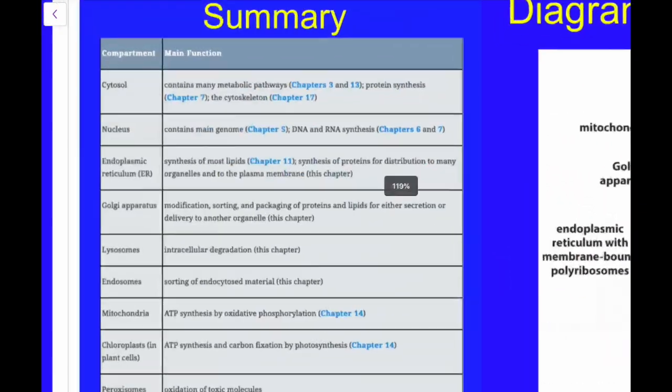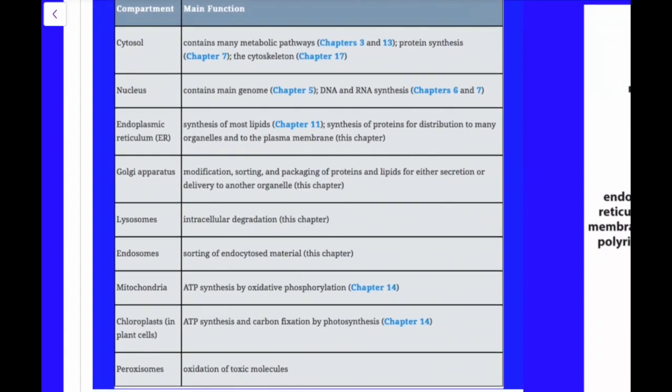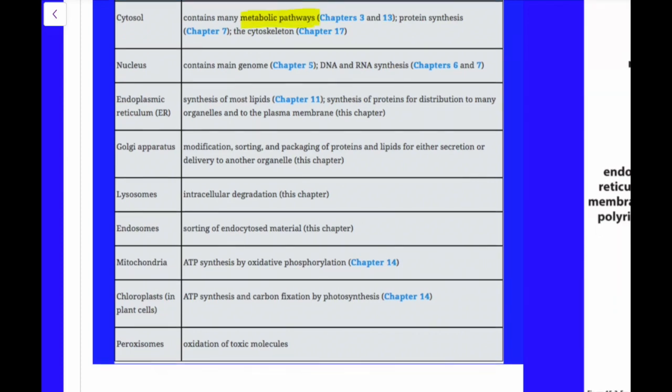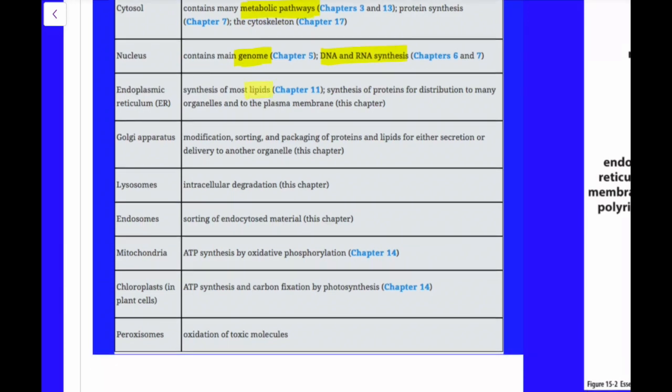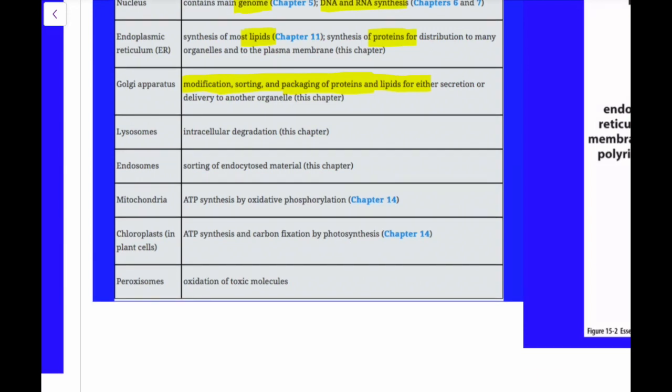So here we have the summary of all the organelles we talked about. We have the cytosol for the metabolic pathways. We have the nucleus with the genome, DNA, RNA. ER, smooth lipids, rough proteins. Golgi does the sorting and modification; in our example, we did glycosylation.